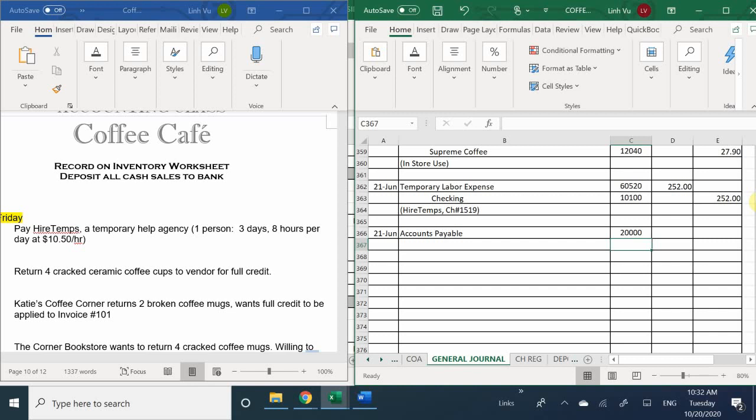Inventory. We can look for the coffee mugs inventory. Where are the coffee mugs right now? Where are they located? Still not located at the inventory.